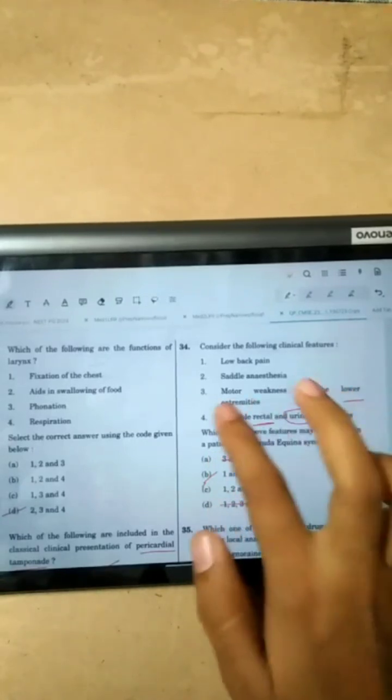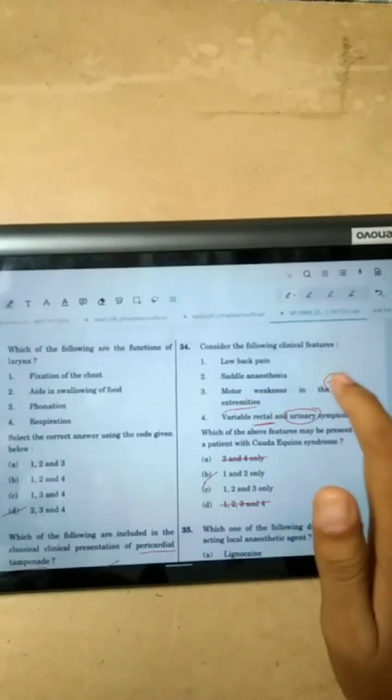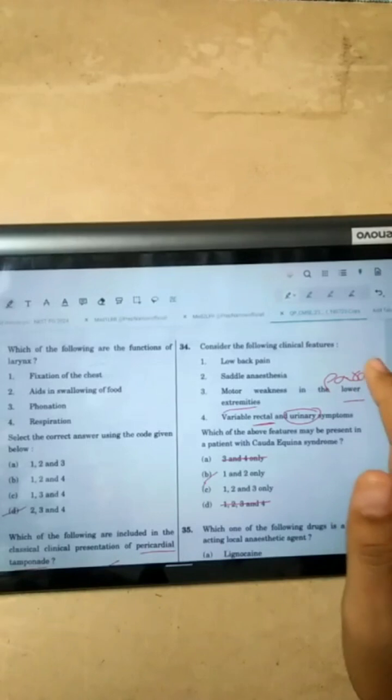Not only in lower extremities, it is paraplegia. So both upper and lower limb should be the answer. Only lower limbs will be conus. According to me, it should be B.